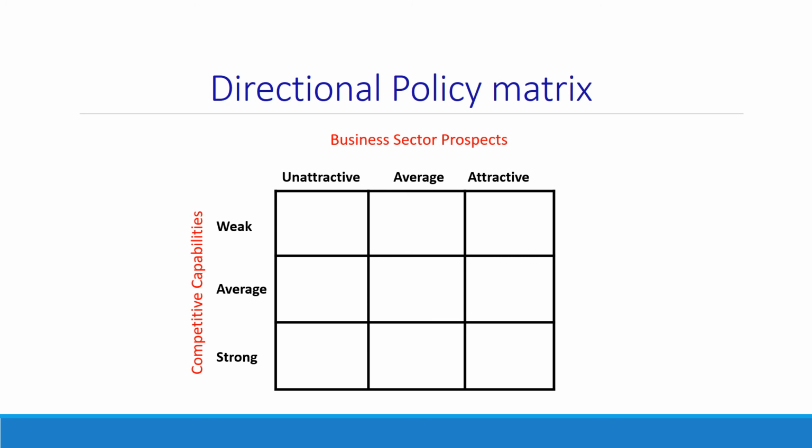The company itself is weak and it is also operating in an unattractive business sector. In this case, the strategy to be adopted by such a business unit is to divest or to stop the business so that they can use these resources for some other purposes or some other business units.